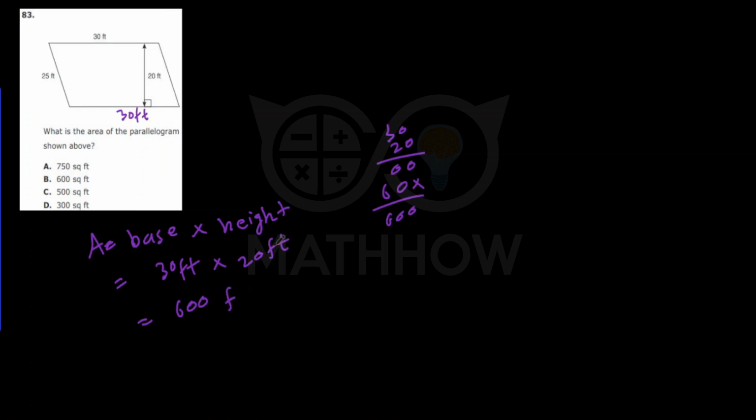Since feet is multiplied with feet, this will become feet squared. Since this is an area, the units of area are squared. So the correct answer is option B, 600 square feet.